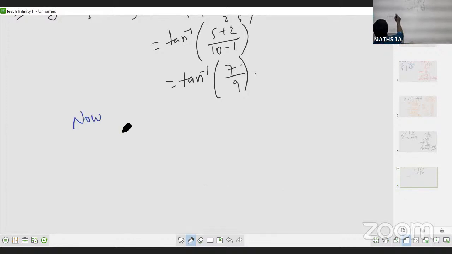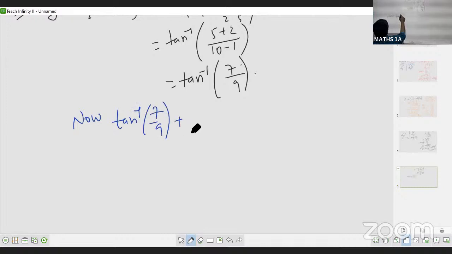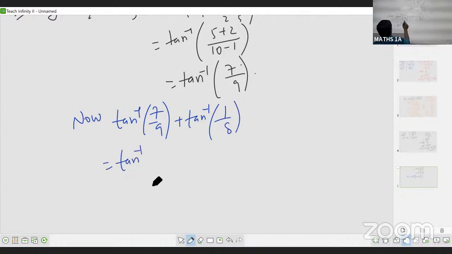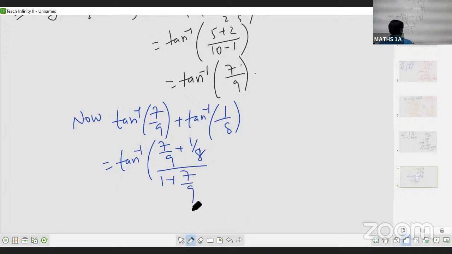What I got is, now you take this and this remaining part, same formula again. Now tan inverse 7 by 9 plus tan inverse 1 by 8. That is tan inverse of 7 by 9 plus 1 by 8 by 1 minus 7 by 9 into 1 by 8.